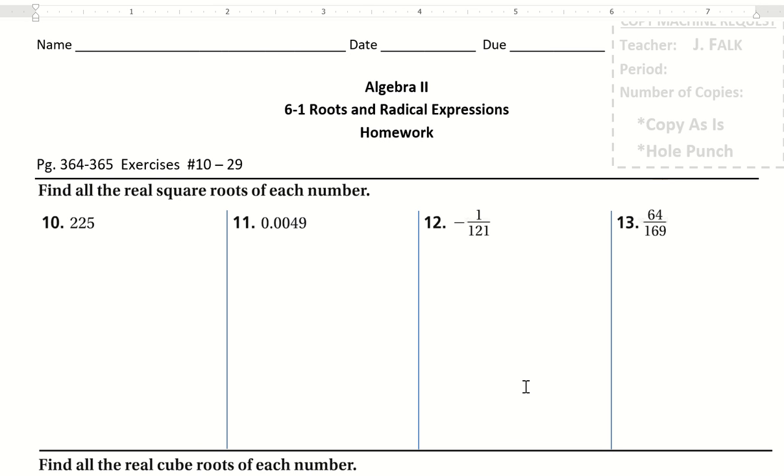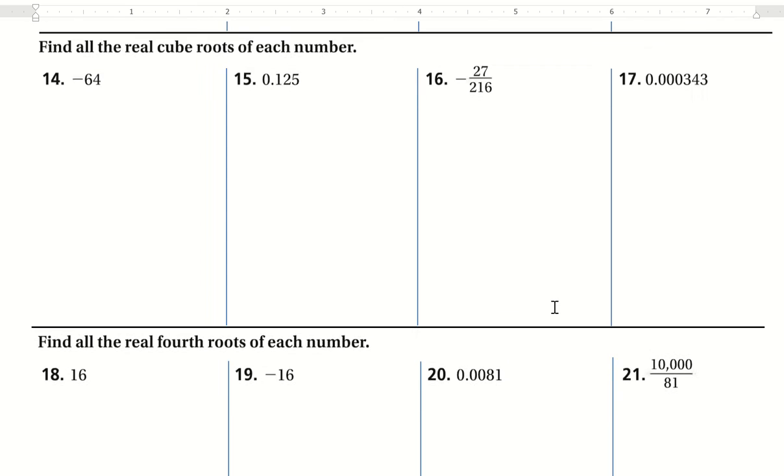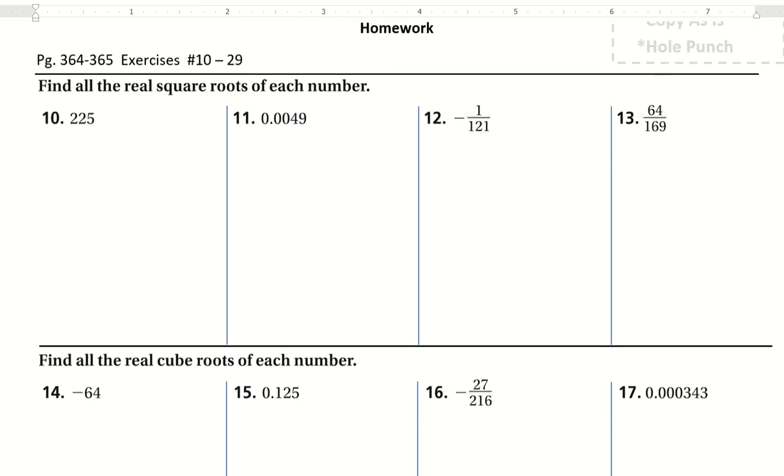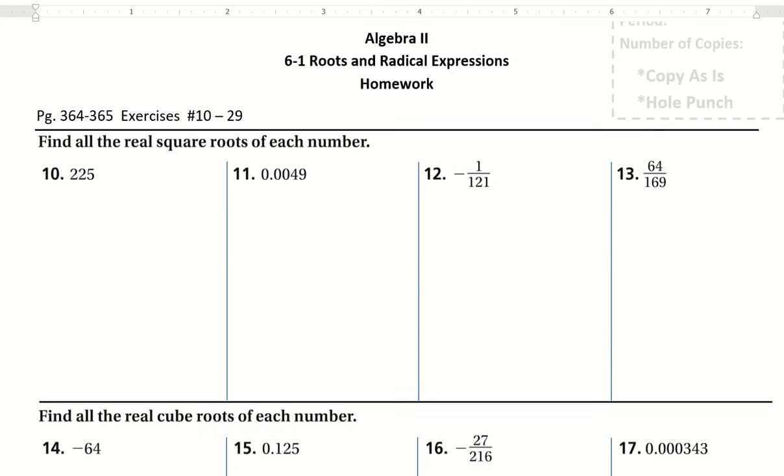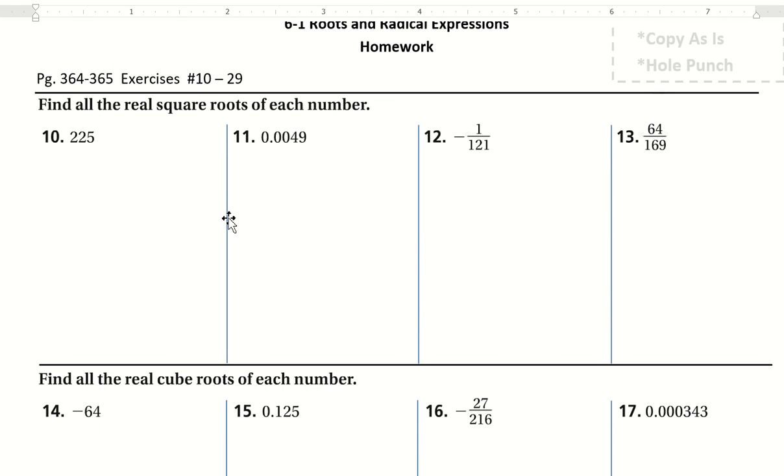I'll try to put in the directions for this assignment. But why don't I just go ahead and scroll through the homework and see if there are any hints or tips to give you. I don't know if this is exactly what the homework is going to end up looking like, but let's go on that assumption. Again, find all the real square roots, if there are any. Because there might not be any real square roots to something.